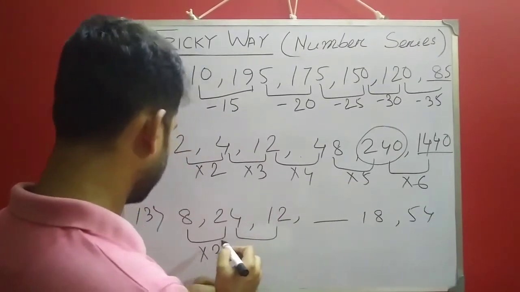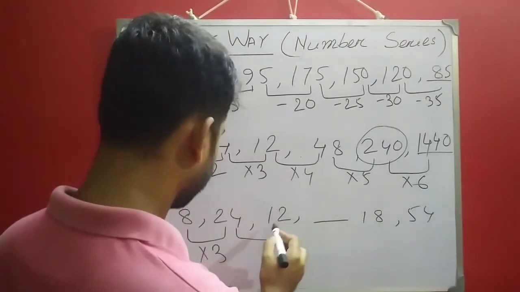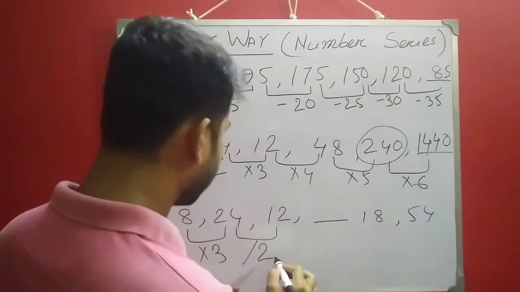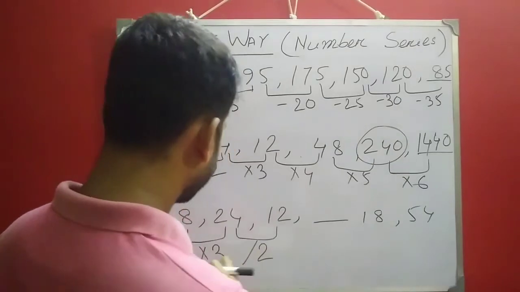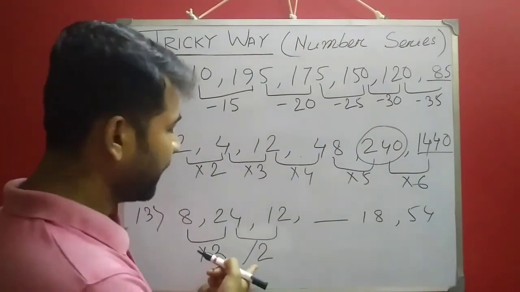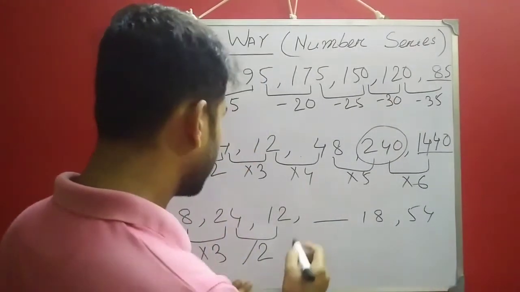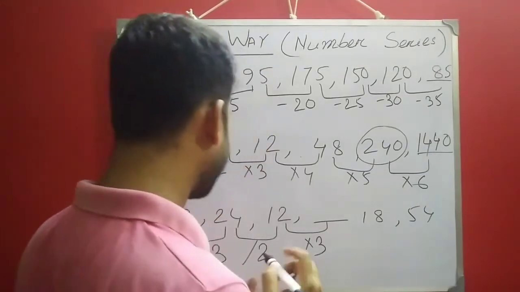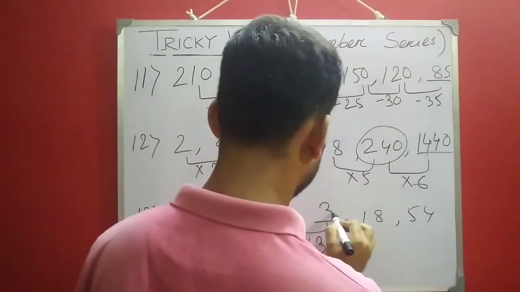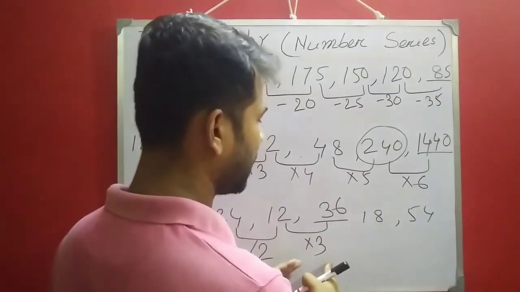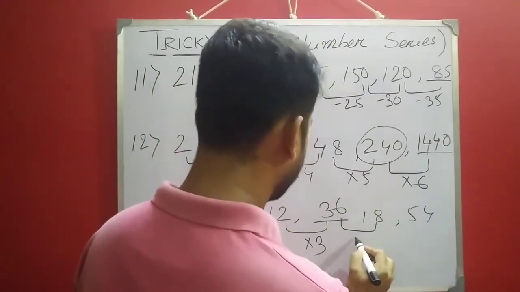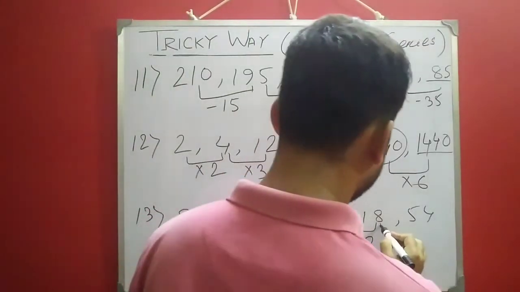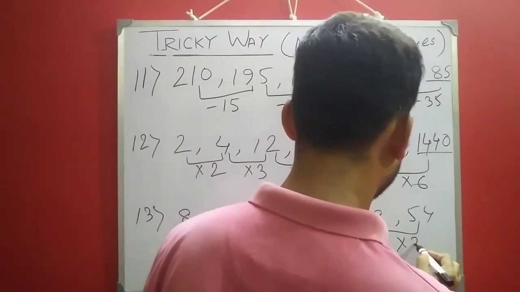So 24 divided by 2 equal to 12. So first a multiplication operation, then a division operation. So it will be a multiplication operation, 36, and again it will be a division operation, 18. Clear? So it will be a multiplication operation.